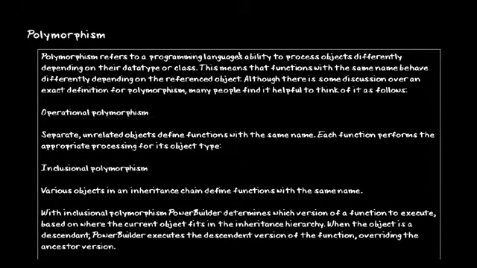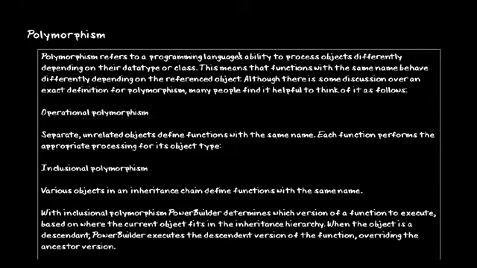For the purposes of our discussion, we'll be talking about operational polymorphism, which is where you have totally different objects with functions defined with the same name, and each function operates based on its implementation within the specific object.